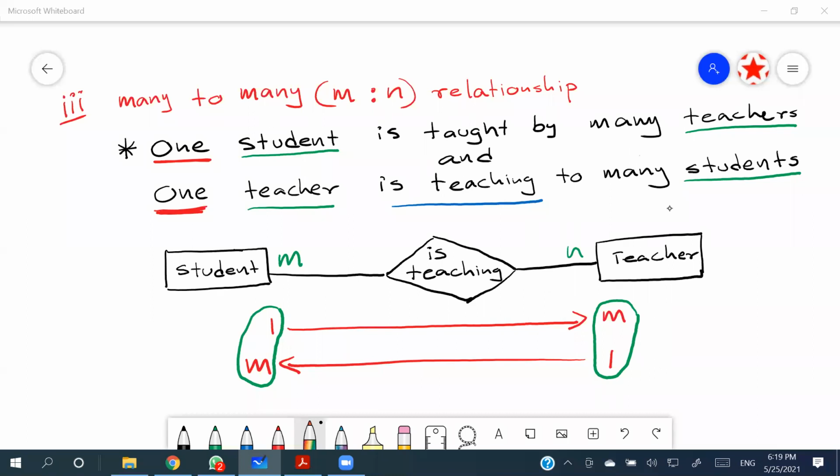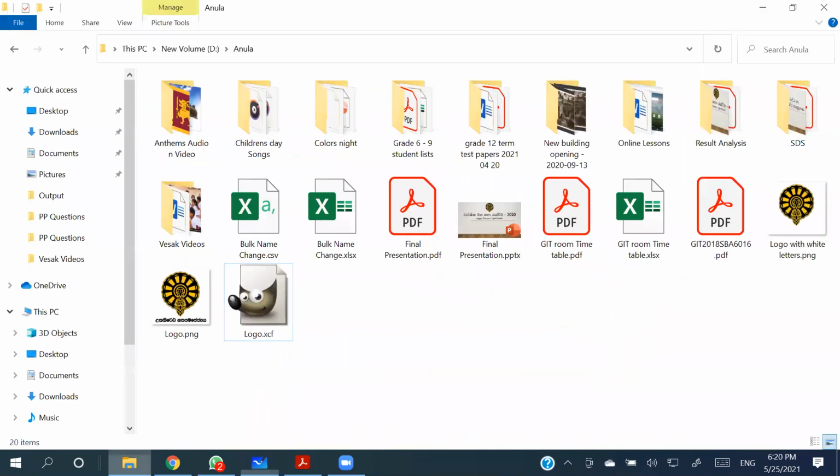Right. So now with the knowledge that we have gained, we are going to draw a simple ER diagram. I'm going to show you the question, and I'm going to put it to the WhatsApp group. Hold on.